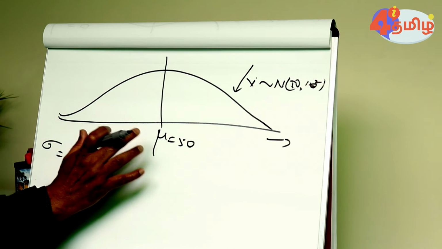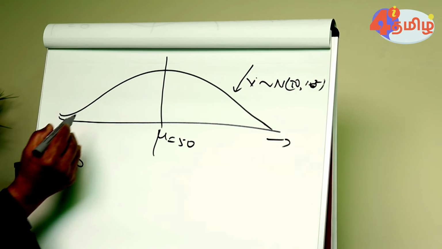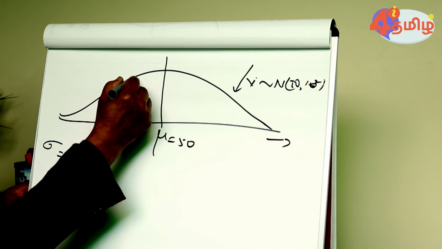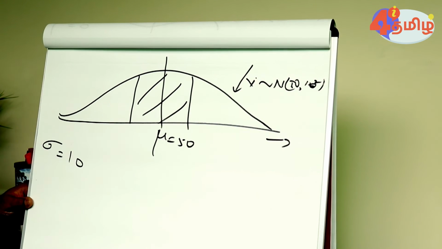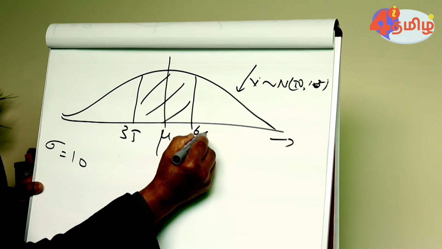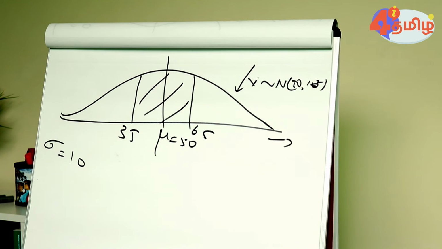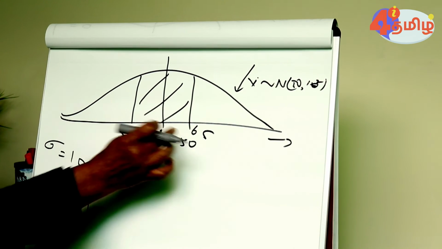So I'm going to keep the same example as before. Say they ask you to find that part, say this is 35, this is 65 or whatever. Sometimes the question will be, what is the probability between 35 and 65?